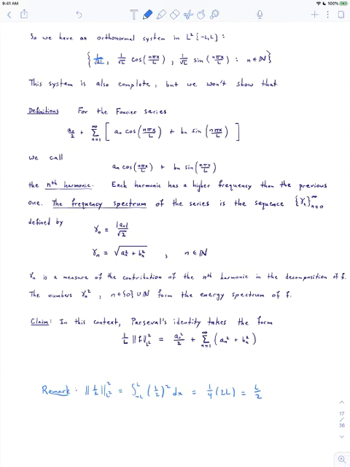So the size of this thing is the square root of L over 2. So if you take 1/2 and divide it by its size, that's 1 over the square root of 2L. So that's why here we have 1 over the square root of 2L.